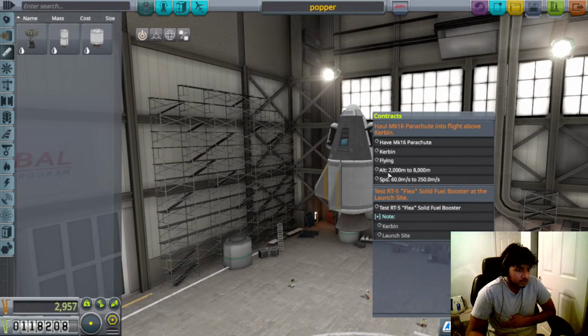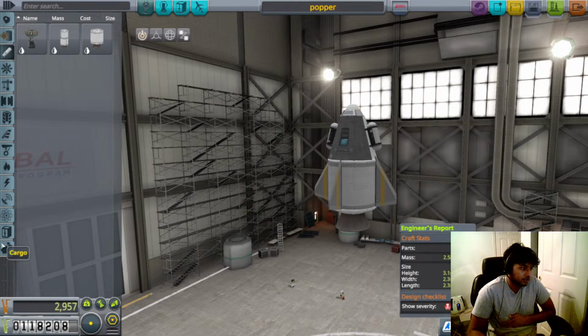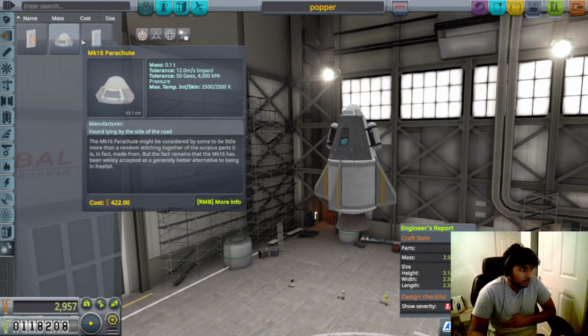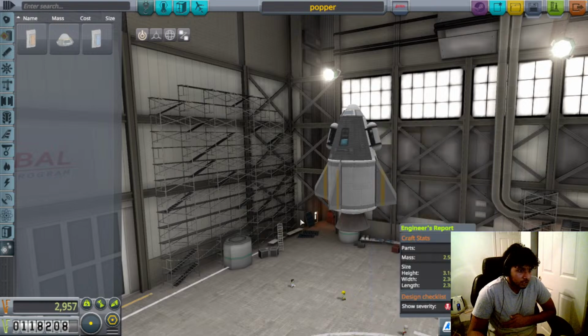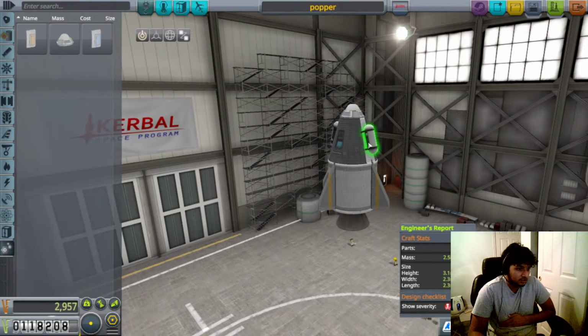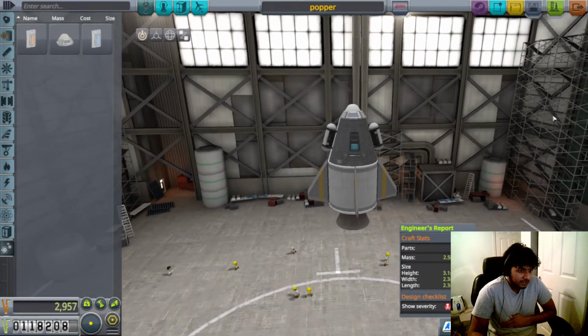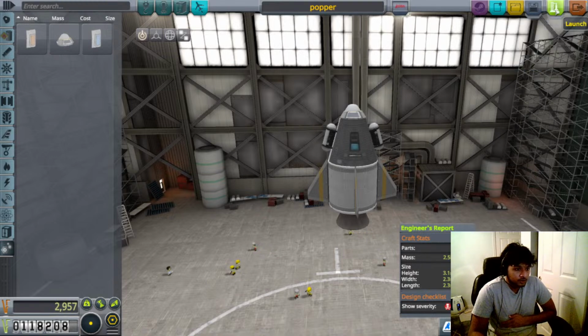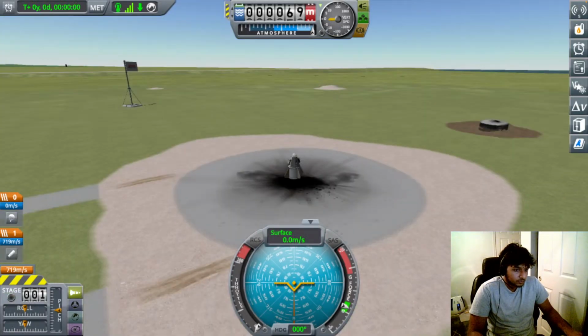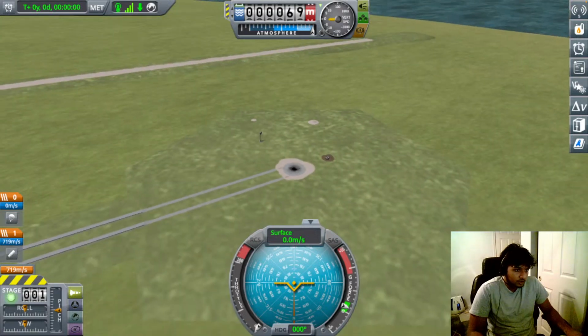So we can take this one to 2,000 altitude with a Mark 16 parachute. We have the Mark 16. Okay, so we can just take this vehicle then. And then I guess we'll aim it to go over the water. Let's just try that. Okay, here we are.